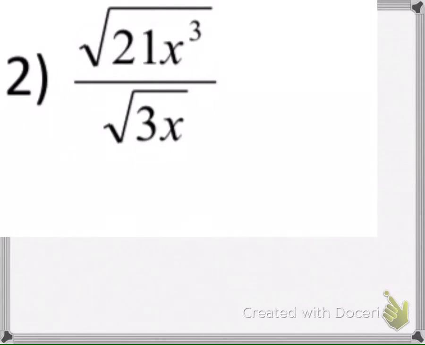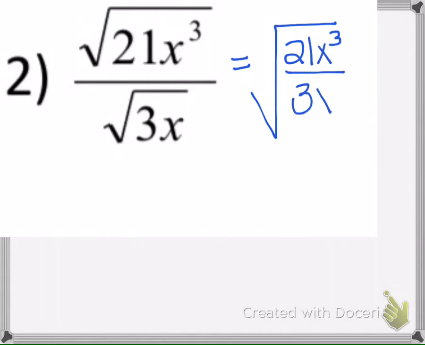So we can try to simplify each radical separately. We wouldn't be able to do anything with the square root of 21, but since this index is 2, we could simplify the numerator if we'd like. But instead of doing that, I know the quotient rule says that we can put them together as one radical, and we can do that because both of these indexes are 2.